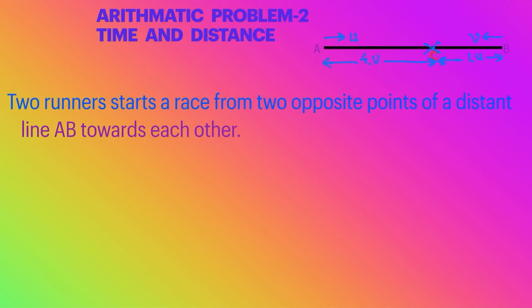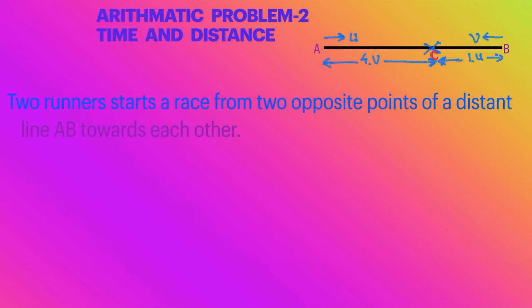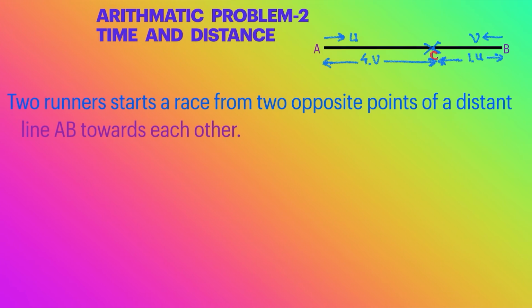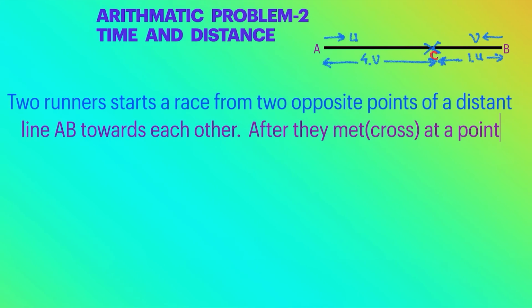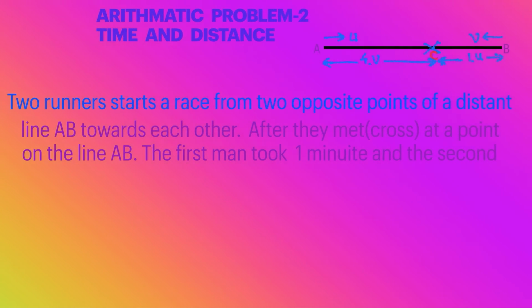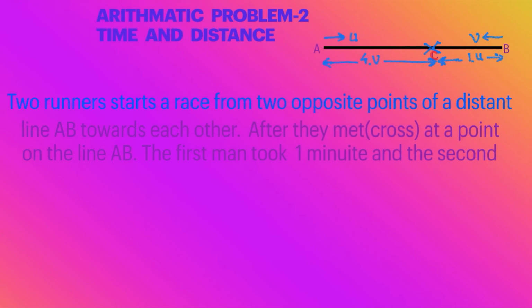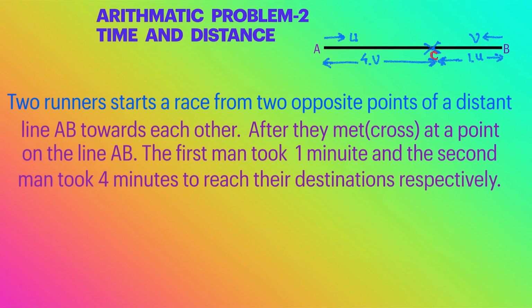The first runner starts his run from A, and the second runner starts to run from B, and after they meet or cross at a point between A and B, suppose at C, the first man took 1 minute and the second man took 4 minutes to reach their destinations respectively.